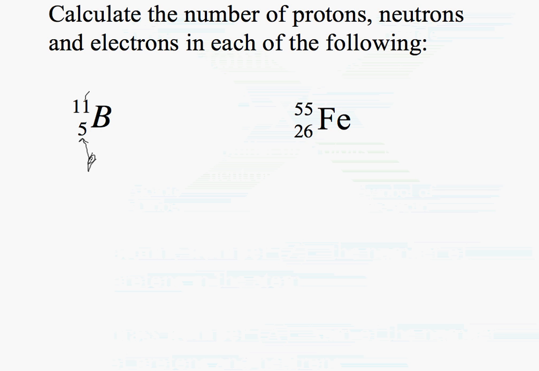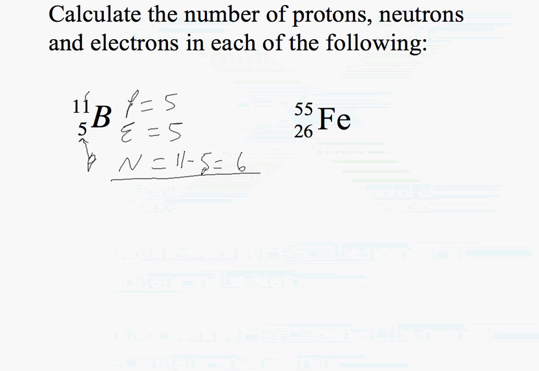In order to do this, the number of protons for this element is going to be equal to 5, the number of electrons is going to be equal to 5, and the number of neutrons is going to be the atomic mass minus the atomic number, which is 11 minus 5, equal to 6. So that would be the number of protons, electrons, and neutrons for boron.